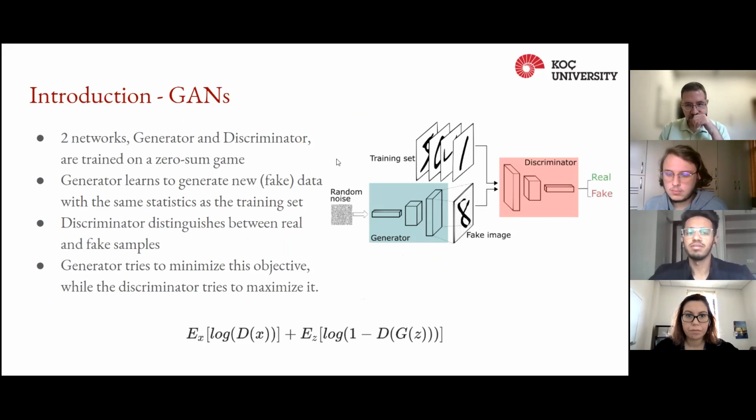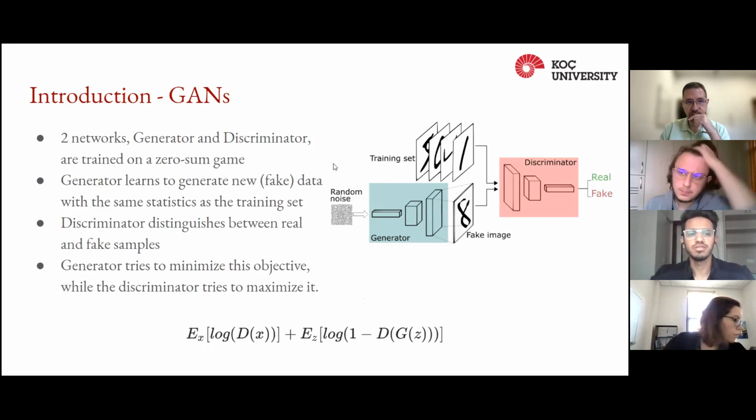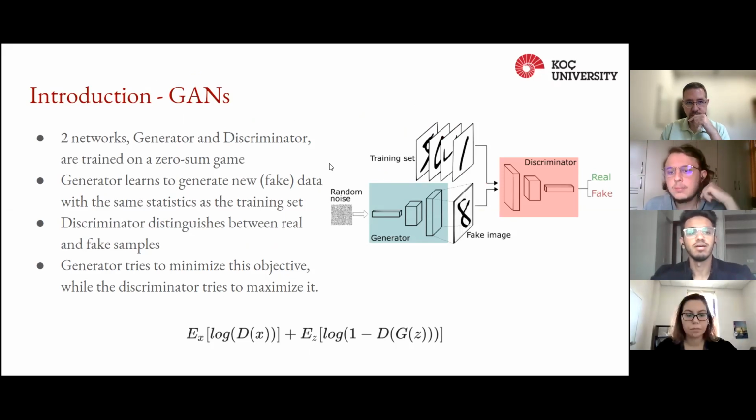GANs' training architecture is composed of two networks, a generator and a discriminator. They are trained adversarially using a zero-sum game. The generator, as the name implies, learns to generate new or fake data that has the same statistics as the training set it is trained on.